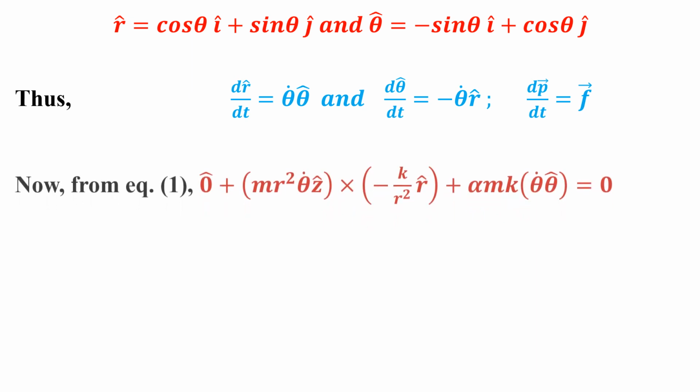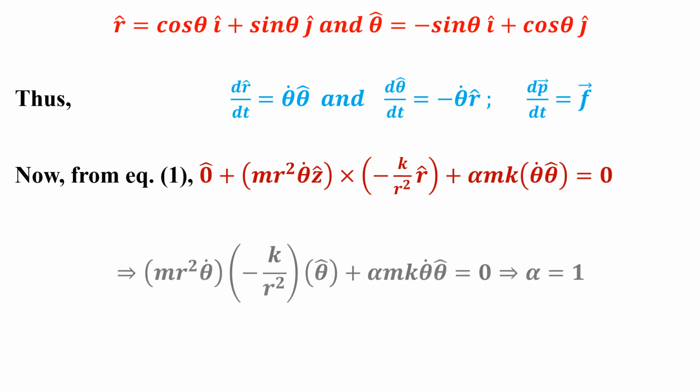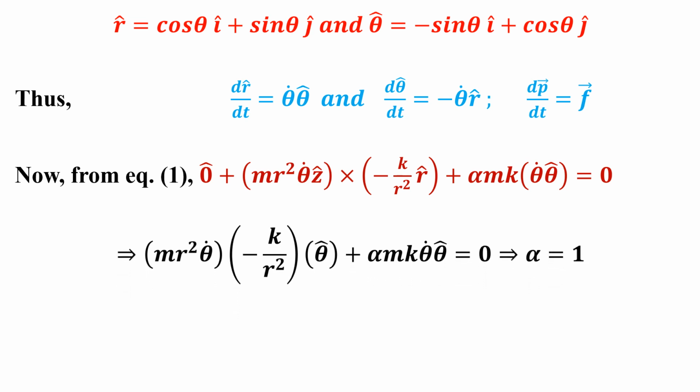Now from equation 1, the first term is equal to 0, plus (m r squared theta dot j cap) cross (minus k upon r square r cap) plus alpha m k theta dot theta cap equals 0. From solving this, we get alpha equals 1. Option 4 is correct.